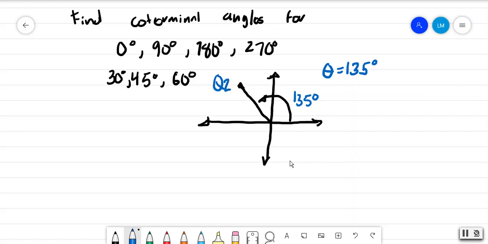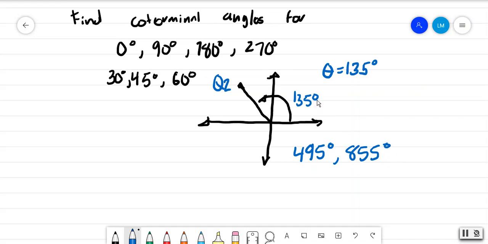Furthermore, you could find more angles that would be coterminal to this one. How would you do that? You would just add 360 or subtract 360. For example, 495 is coterminal to 135, and 855 is coterminal to 135, and so on.